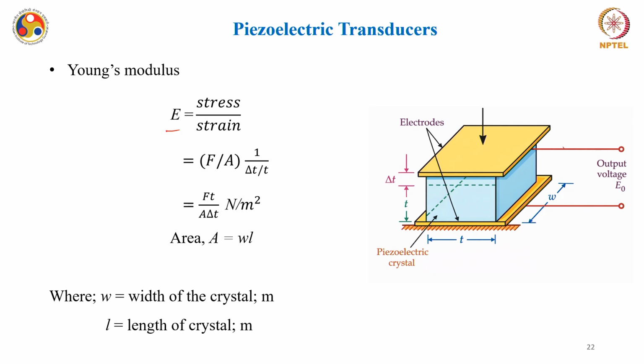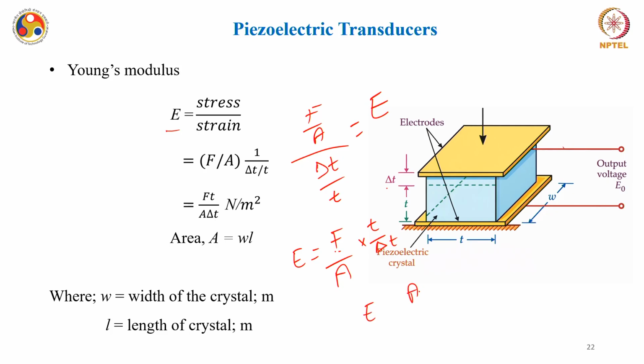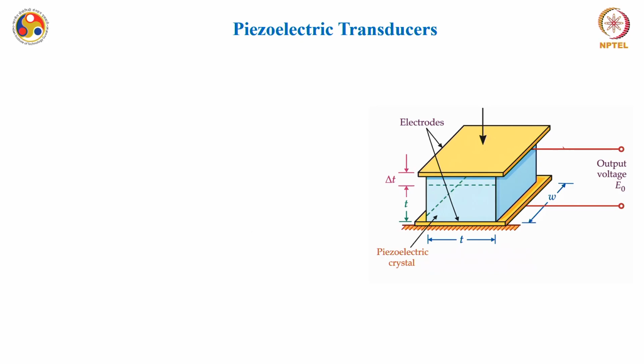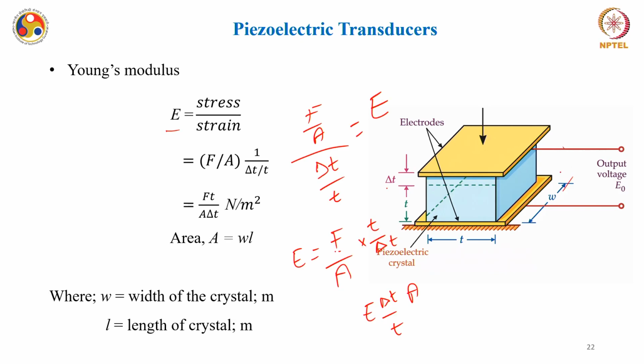Stress in this case is given as force by area, divided by the strain, which is del T by T. So Young's modulus can be given as F by A into T by delta T. Then if you want to calculate F, it can be given as E into A del T by T, and this is what we have seen in our equation 8. In this case, W is the width of the crystal and L is the length of the crystal.